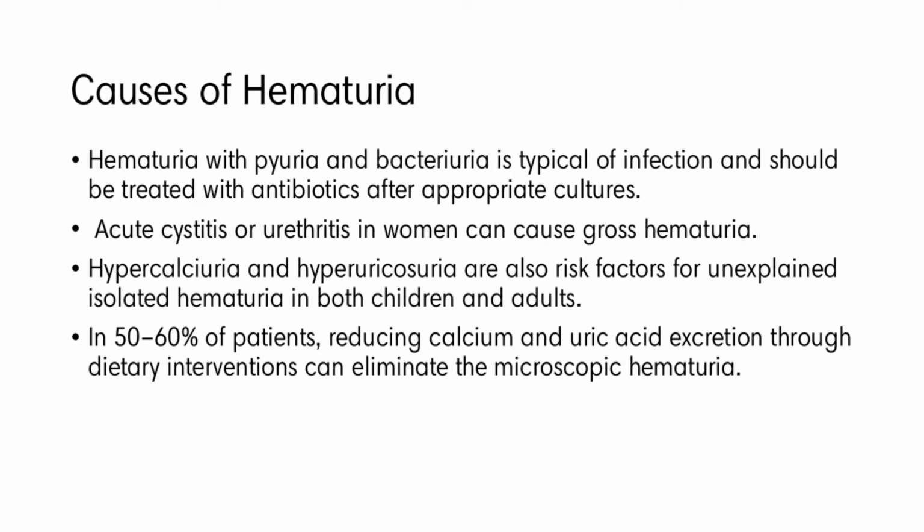Hematuria with pyuria and bacteria is typical of infection and should be treated with antibiotics after the appropriate culture. Acute cystitis or urethritis in women can cause gross hematuria. Hypercalciuria and hyperuricosuria are also risk factors for unexplained isolated hematuria in both children and adults.